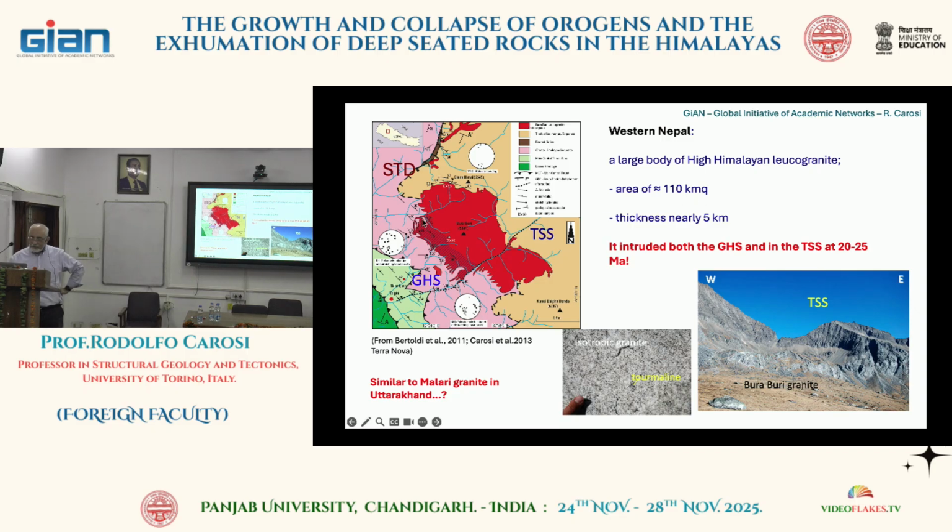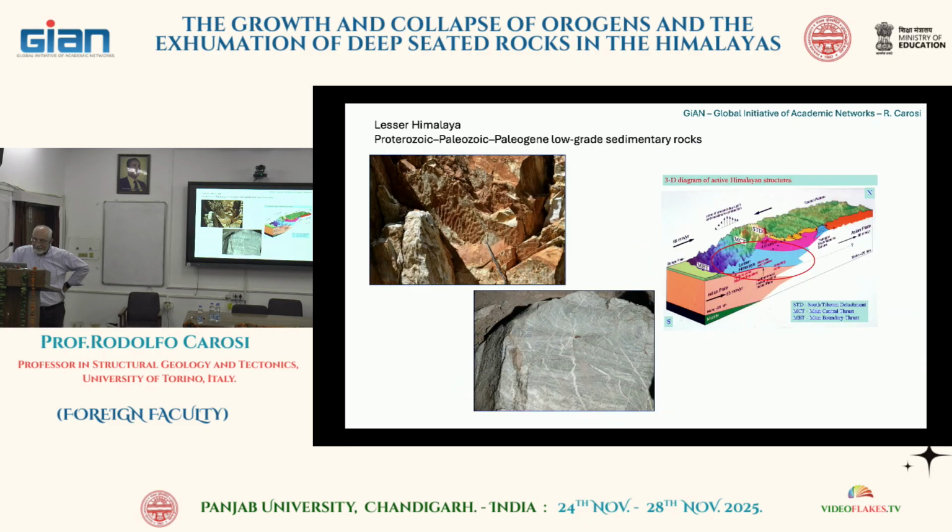The area of this granite is 110 square kilometers, and the thickness is more or less 5 kilometers from the base to the top. It was never mapped before our expedition because it is a very far region, not used by tourists. So, a paradise for geologists, more or less.